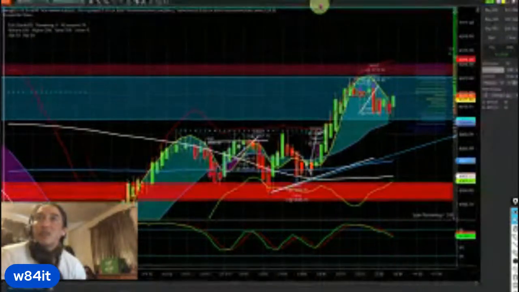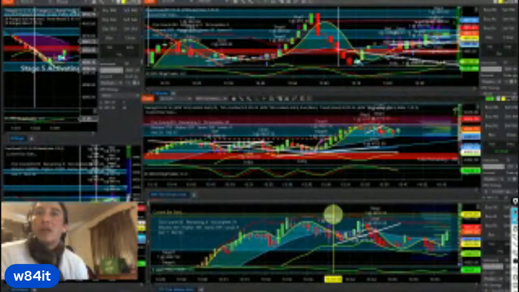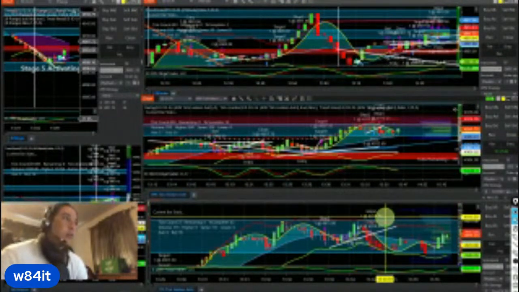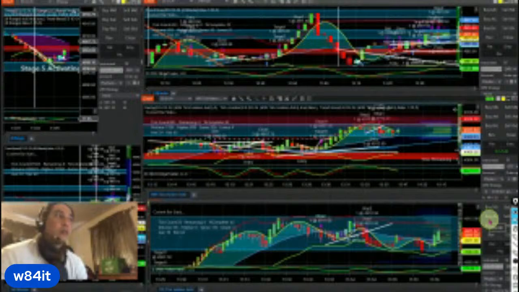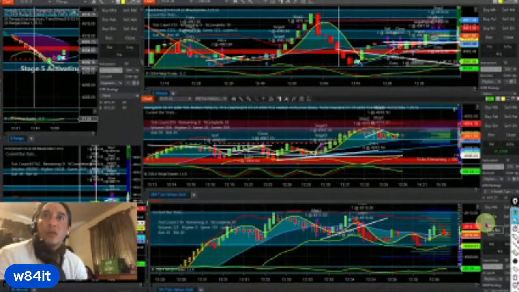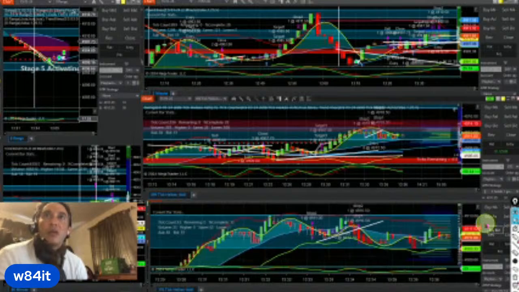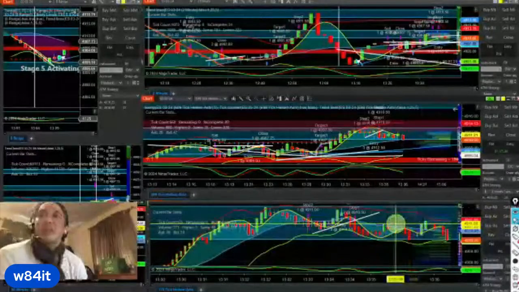Switch to a smaller time frame so we can see it's curling up right there. I do have some bullish activity over here. A little bit of a pullback there. Double wicks on the two. Might be coming down now.